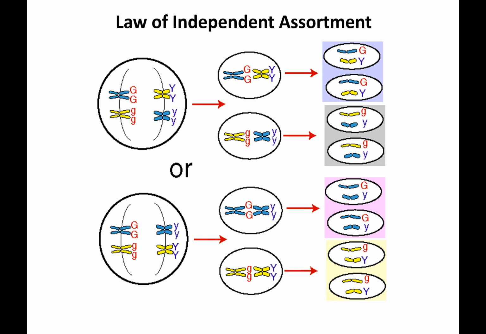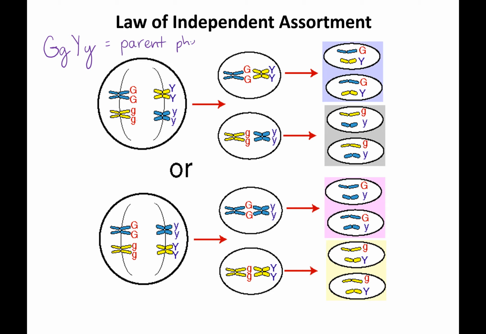All right, the law of independent assortment really is helpful when we're looking at multiple chromosomes. So we have one parent, and the parent's genotype is big G, big Y, little y.